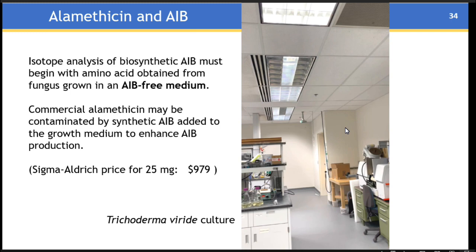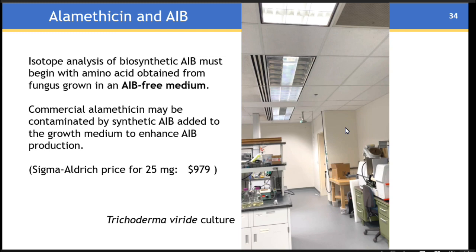Okay, now what have we done in the lab to approach this? And the overriding fact here is that the isotopic analysis of biosynthetic AIB must begin with an amino acid obtained from fungus grown in an AIB-free medium.